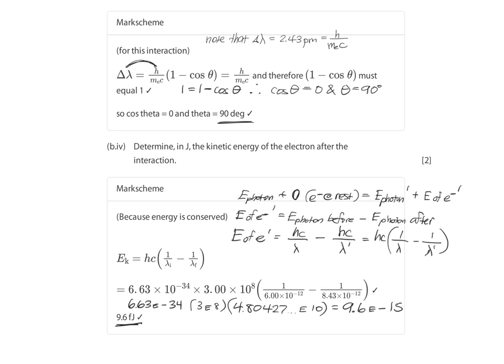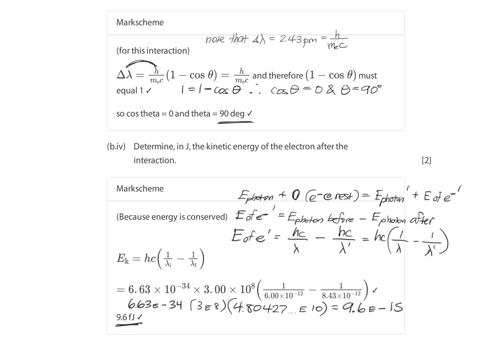And then we have B IV, determine in joules the kinetic energy of the electron after the interaction. So the energy balance: E photon plus 0 for the electron at rest is E photon prime plus the energy of the electron prime. And E is hc over lambda, so basically the energy of the electron is the difference in the photons, hc over lambda minus hc over lambda prime, or hc times the difference in the fractions.